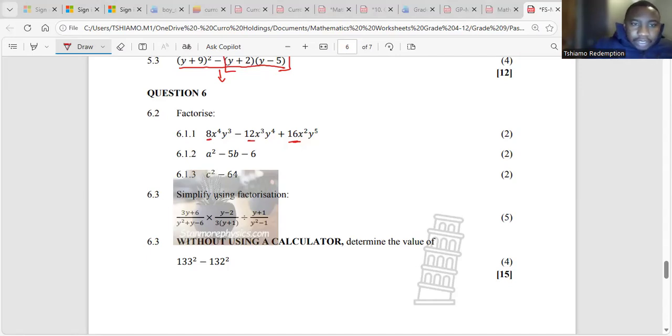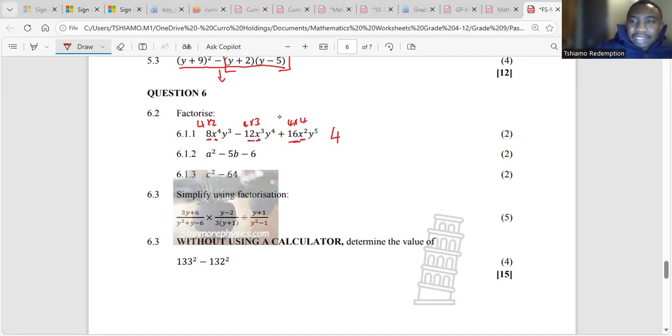So what is the highest common factor? A number that can go into all of those numbers. 4. 4 goes into this twice. 4, 3, 4, 4. So I can take out 4 as a common factor. And then here, the 4x's, 3x's, 2x's.